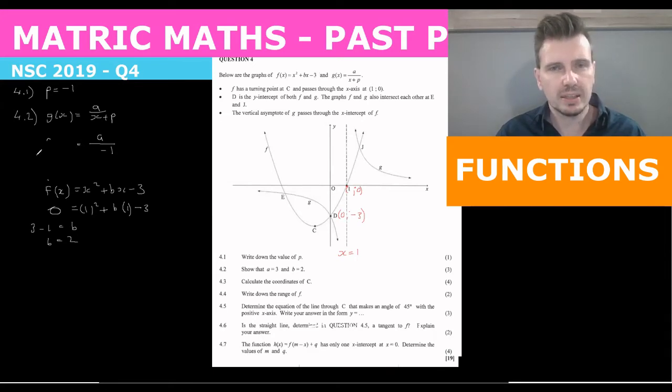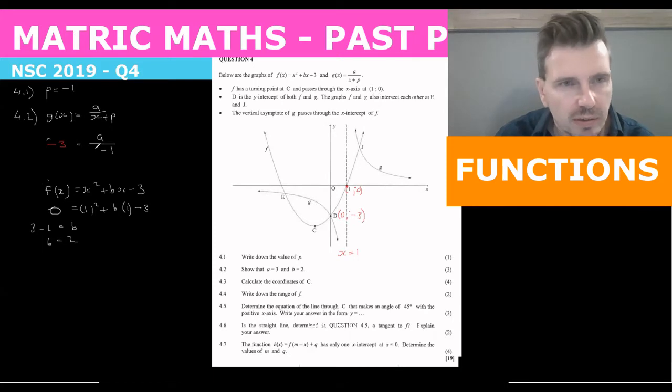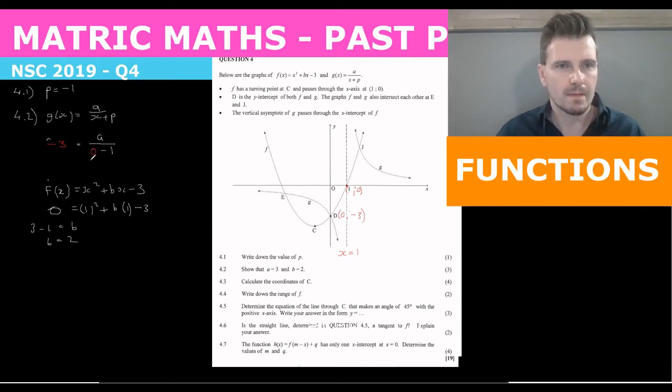So we can sub in the y value as minus 3, and the x as 0. Now to get rid of the minus 1, we multiply through by minus 1 on both sides. And minus 1 times minus 3 is 3. So a is equal to 3.